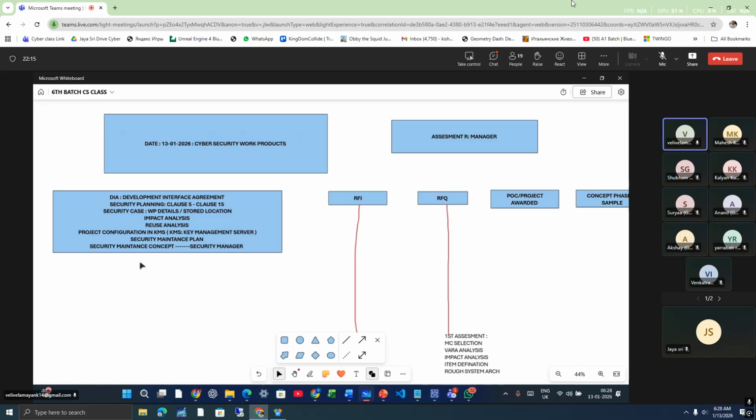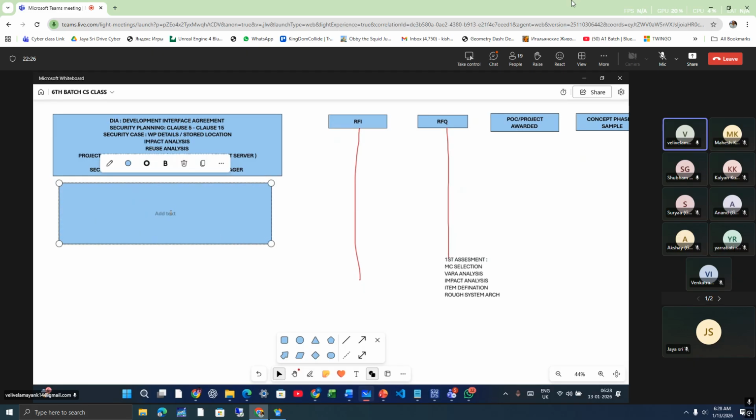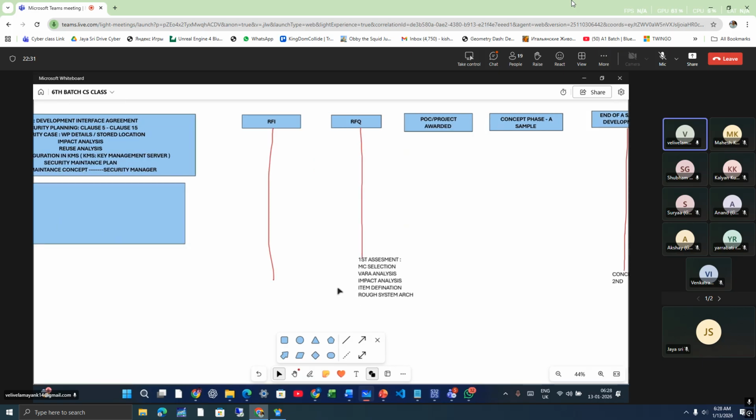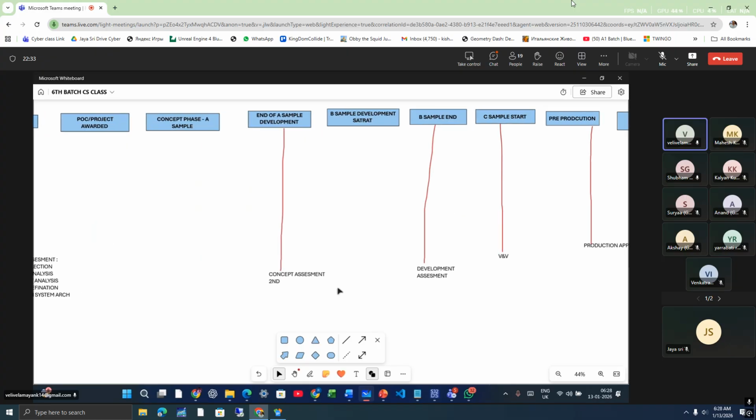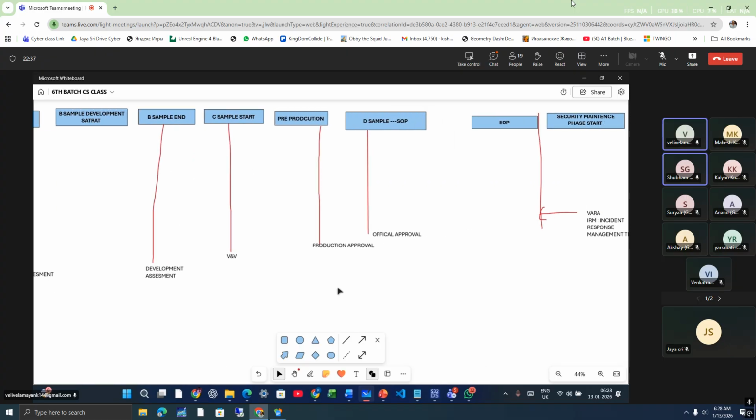Okay, coming back to the next level guy. So there will be separate security planning and security maintenance planning. Yes, security planning has more focus from RFQ until SOP.